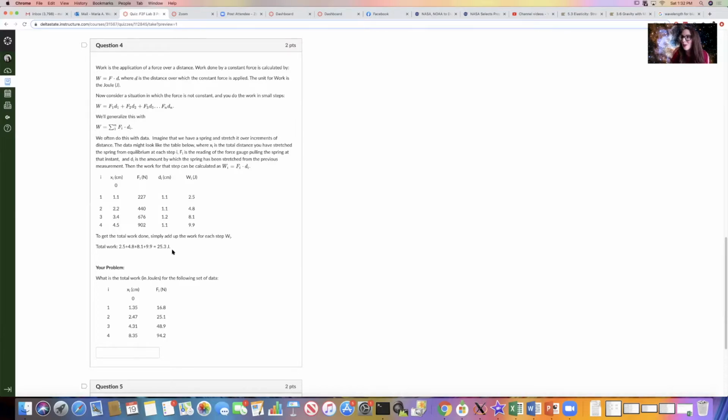Work is equal to the sum of the force times the distance. I want to show you what this problem looks like graphically as well, maybe a different way to think about it. So we saw that equation that said that the total work is equal to the sum from i equals 1 to n of the force applied at each measurement times the incremental distance we have to stretch the spring for each measurement, okay?